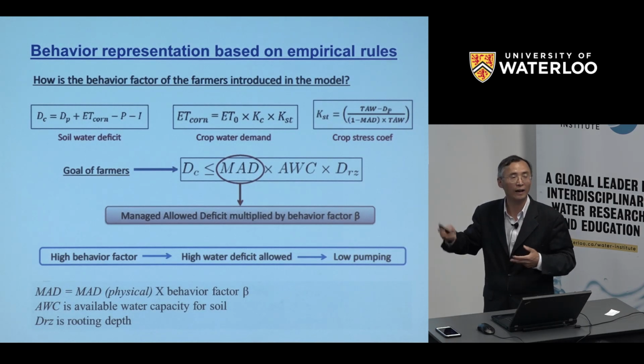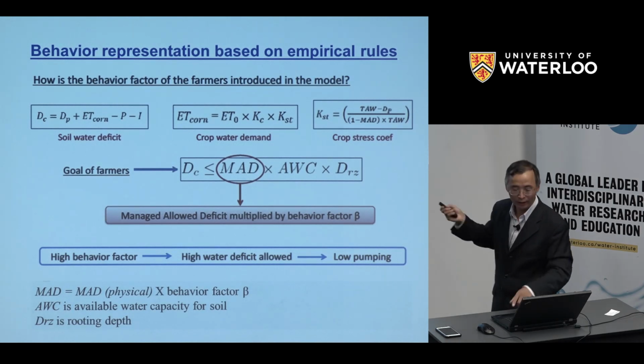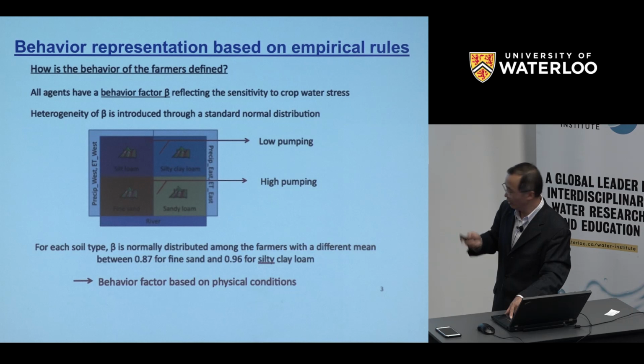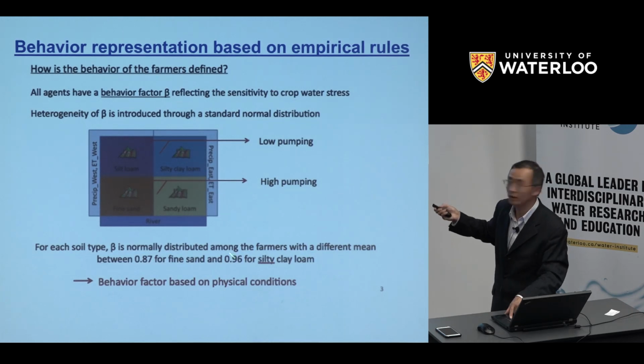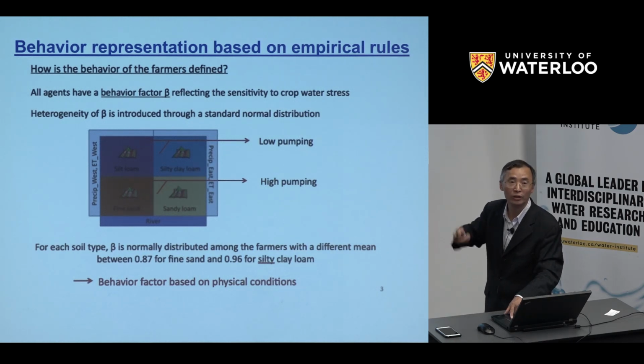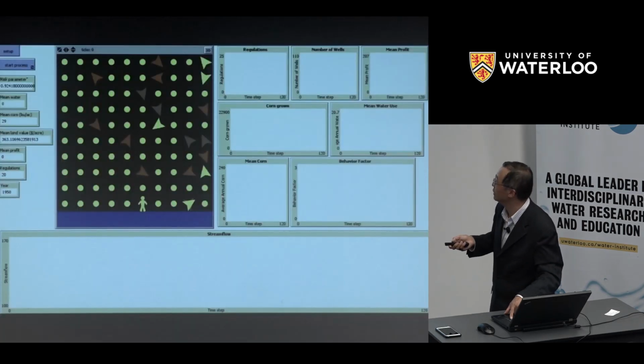Based on a limited survey, we just assume and fit some probability distribution for the behavior parameter. This parameter is also affected by the physical situations, such as the soil type and the slope. Over years, farmers could develop some reasonable empirical knowledge based on the physical conditions.